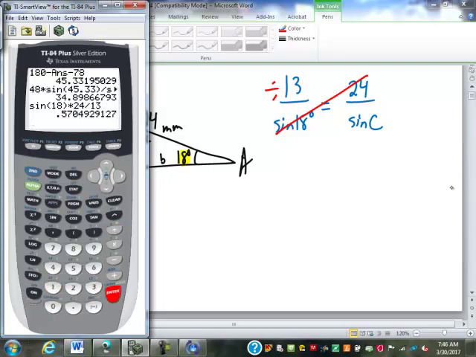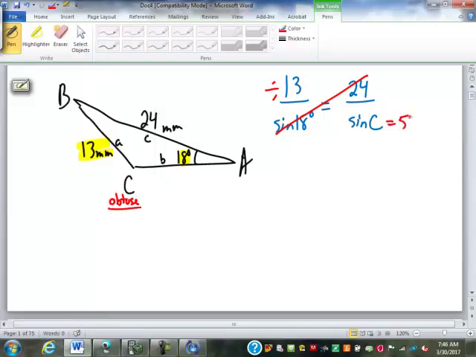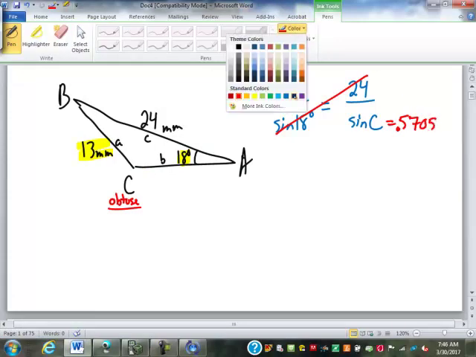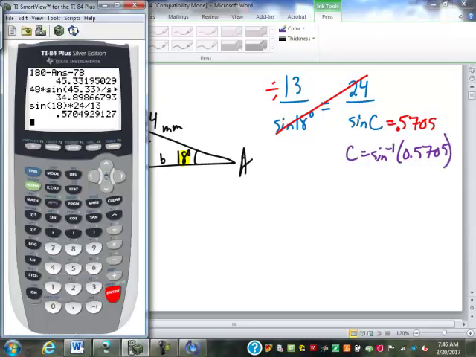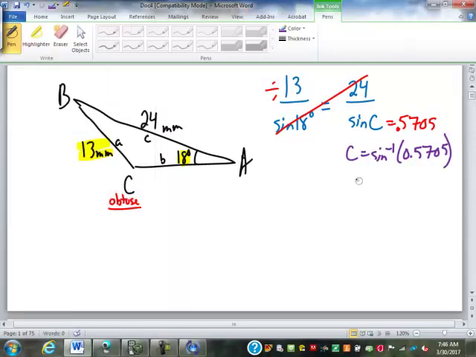So 0.5705. So then we're going to do the inverse sine of that. So second sine, second answer, 34.78.